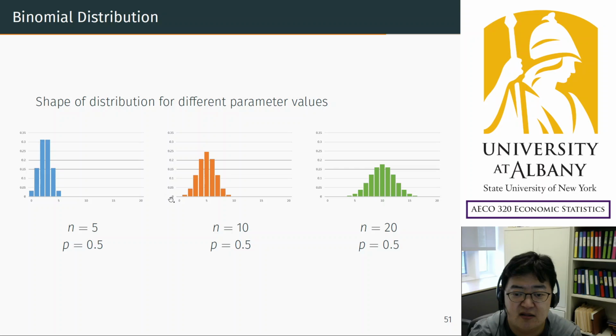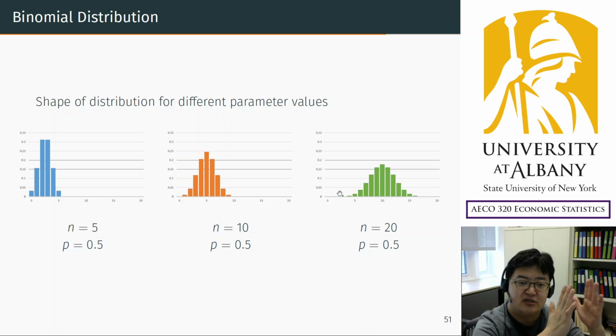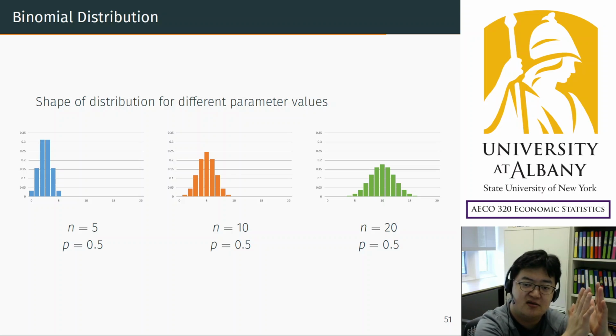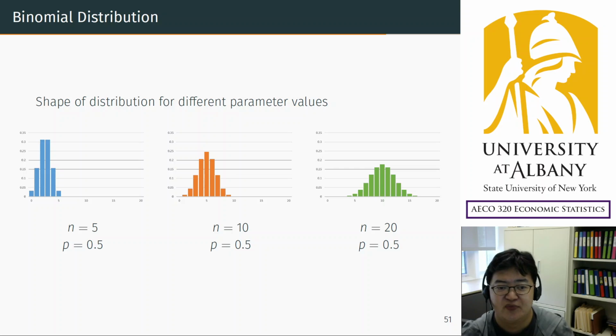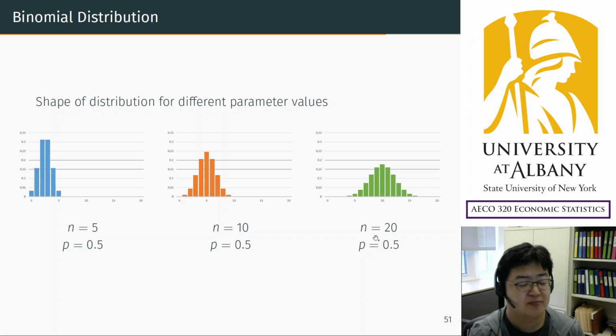When it becomes 10, between 0 and 10. And when n becomes 20, it becomes more spread out. The shape is always symmetric, but it becomes more flat, which is also intuitive, right?